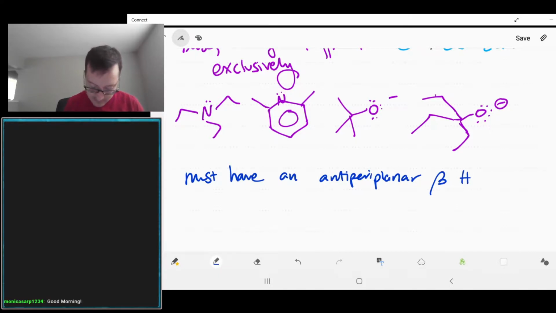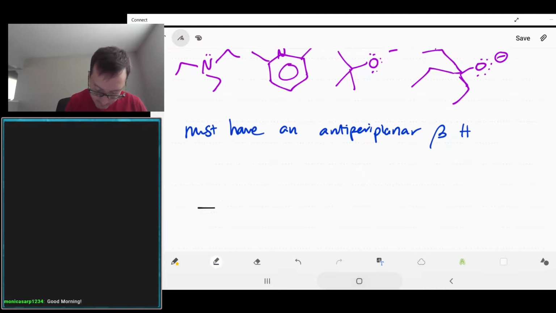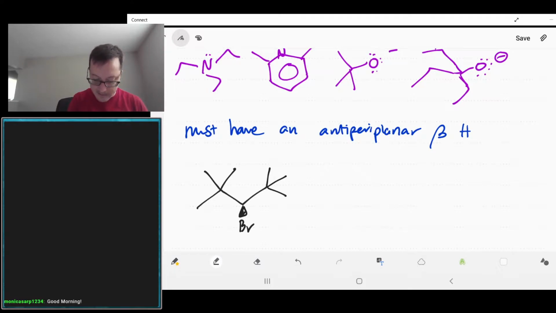For example, if we have something like this, and we try and put in our bulky base, we get no reaction.